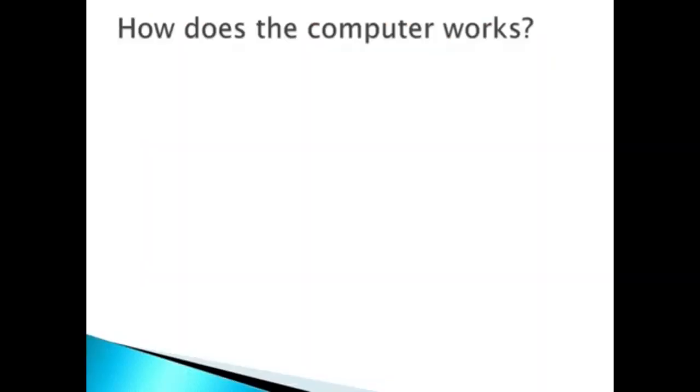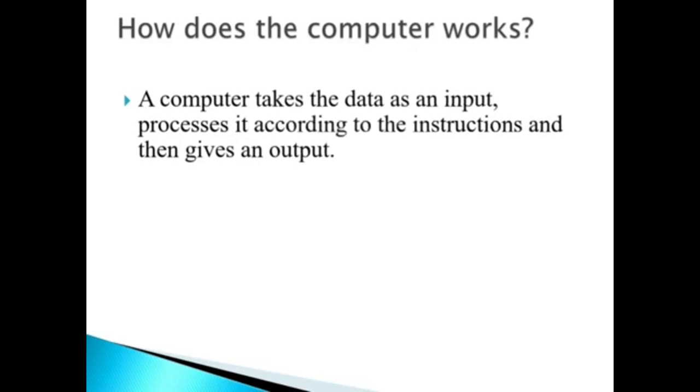Our next topic: how does the computer work? Now you know what hardware and software are: hardware means physical part and software means set of instructions. A computer takes data as an input, processes it according to the instruction and then gives an output.